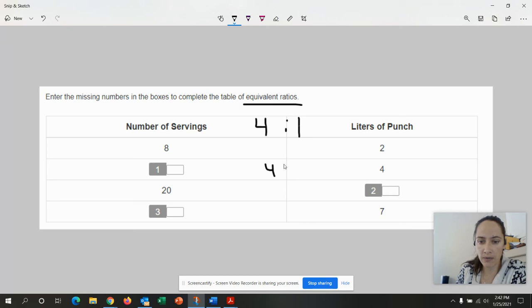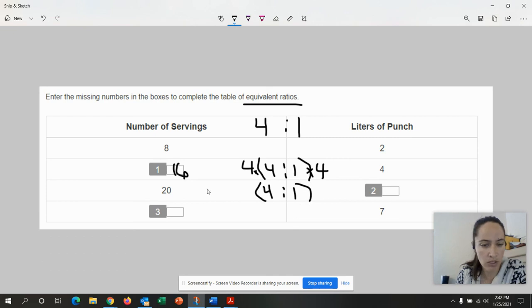Over here, I can take 4 to 1, and I'm going to put parentheses around it. I need it to be 4, so I'm going to multiply both sides by 4 because 1 times 4 is 4. So then this is going to be 4 times 4 to create this equivalent ratio in the chart. Perfect. So again, the same ratio, 4 to 1.